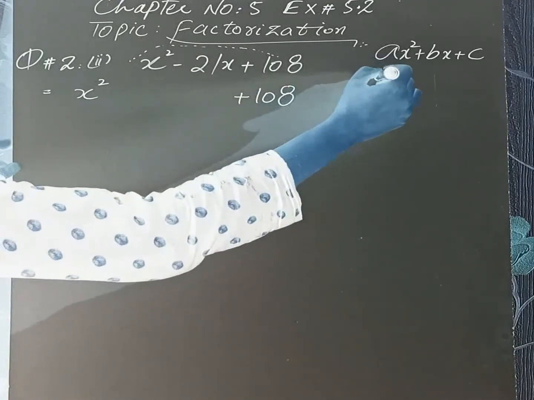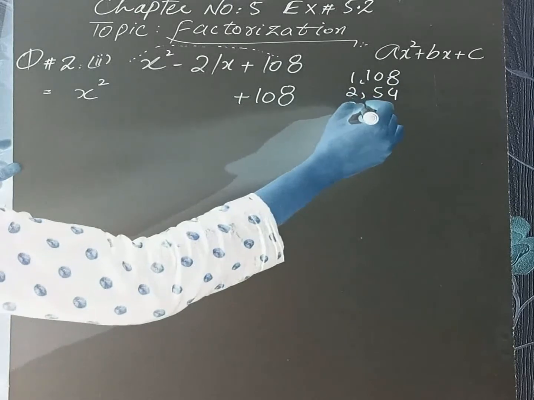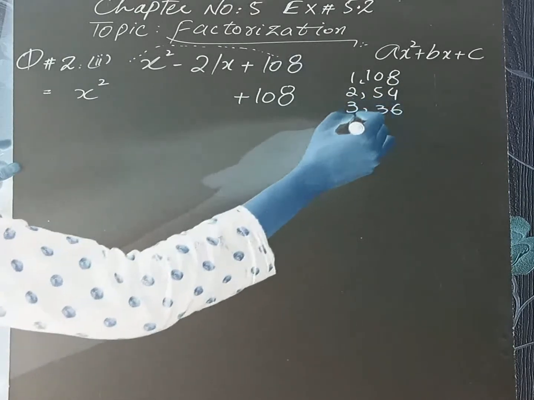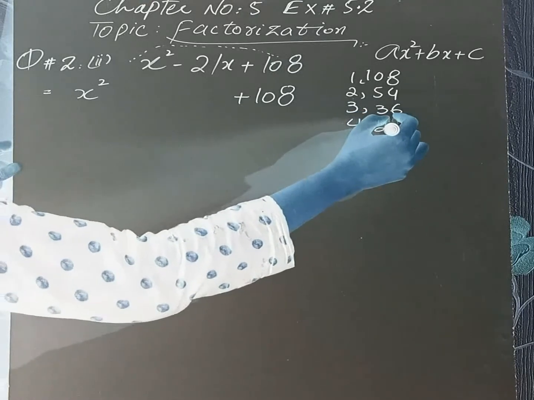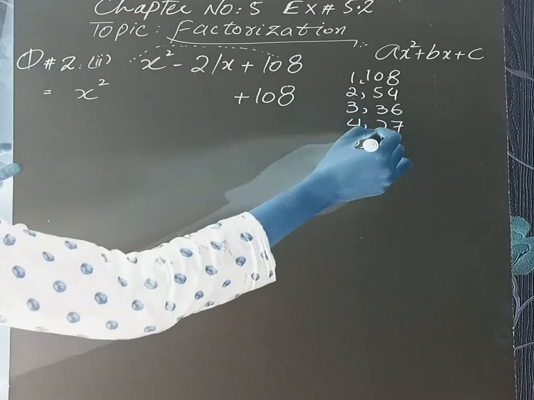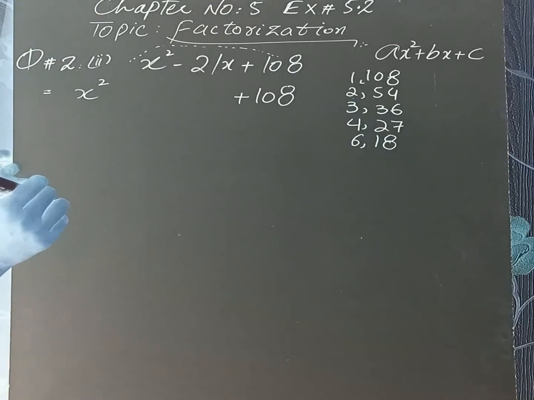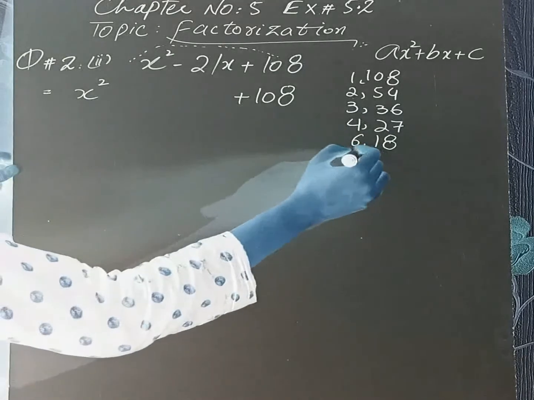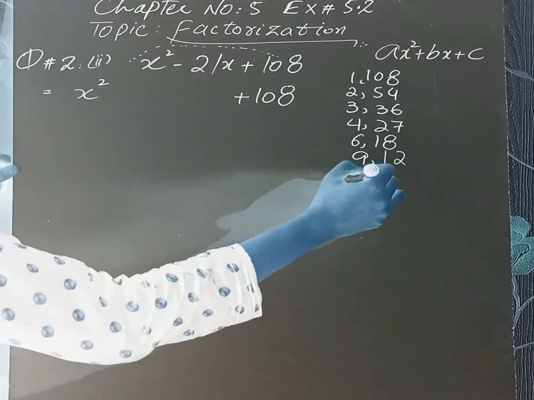Okay, now I'll make the factors of 108. 1 times 108, 2 times 54, 3 times 36, 4 times 27, 6 times 18, then 9 times 12.